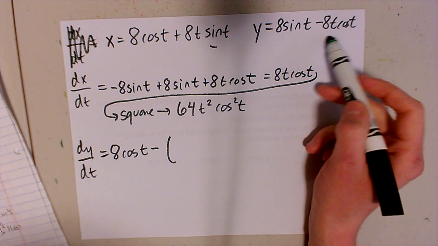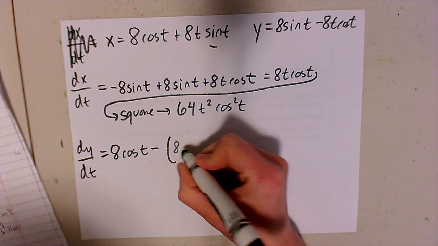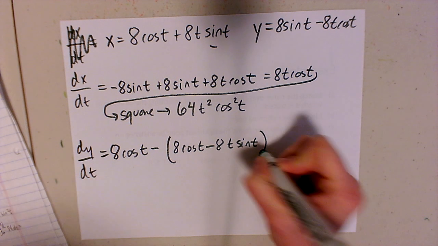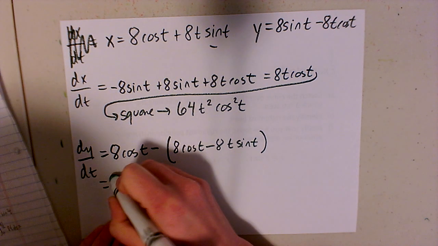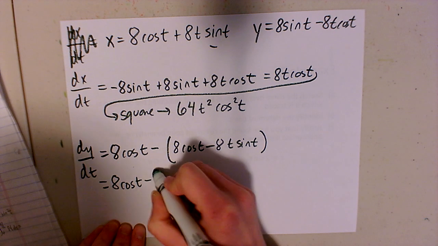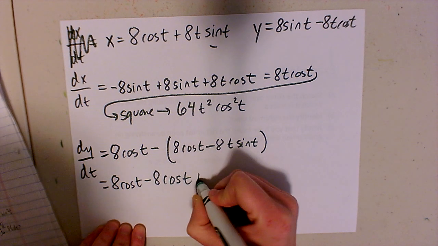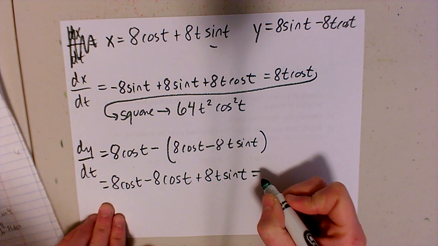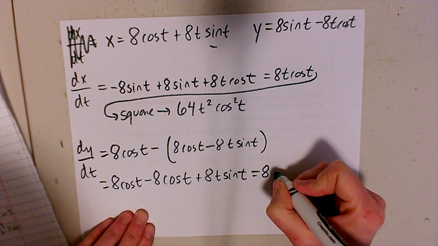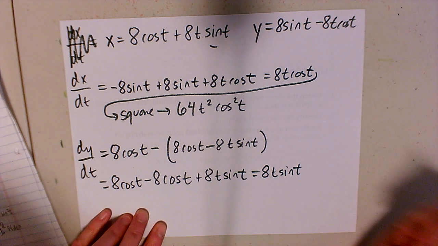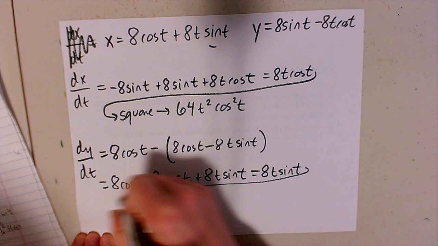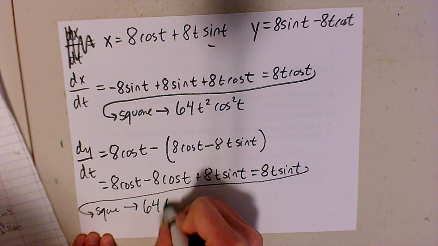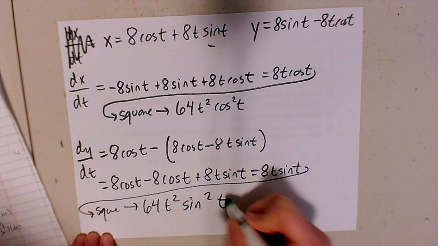And now I'm going to use my product rule on 8t cosine t, so that'll give me 8 cosine t minus 8t sine t, and so simplifying that, I'm going to have 8 cosine t minus 8 cosine t plus 8t sine t. Okay, so our 8 cosine t's go away, and so we're left with just 8t sine t, and then if we square that, that's going to turn into 64 t squared sine squared t.